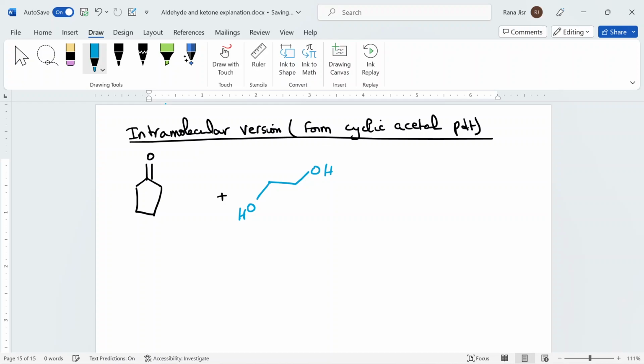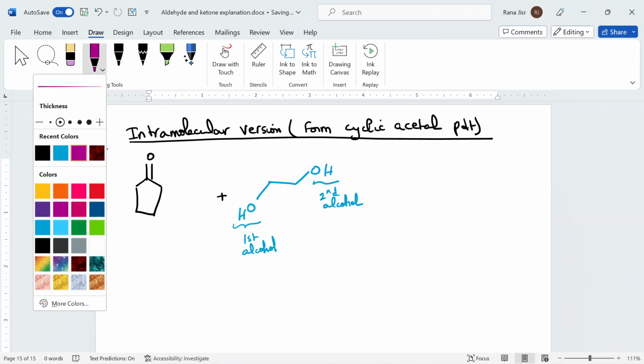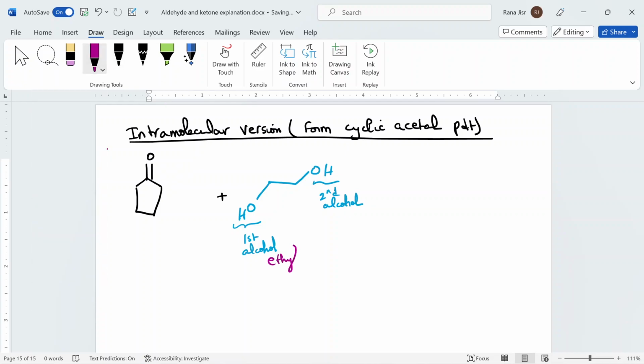Notice here that this is going to be my first alcohol, and this is going to be my second alcohol. The system is called ethylene glycol. Okay, the mechanism is going to proceed exactly the same as above.